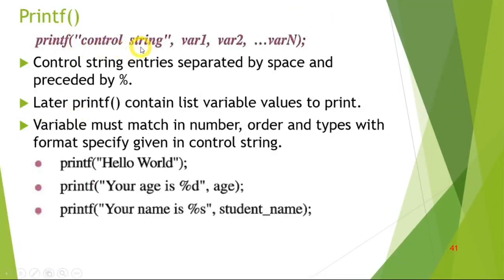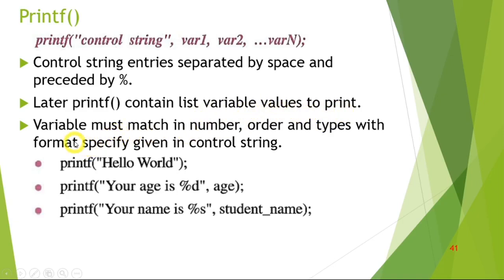Now printf control string and variables. The control string entries are separated by space and also preceded by a percentage sign. Each and every %d, %f, you have to use that. Later printf contains the list of variable values to print.